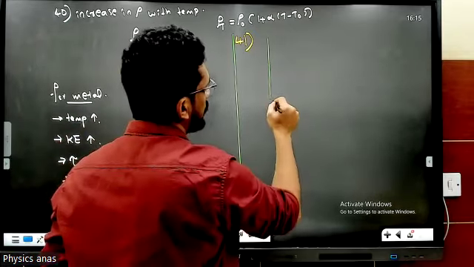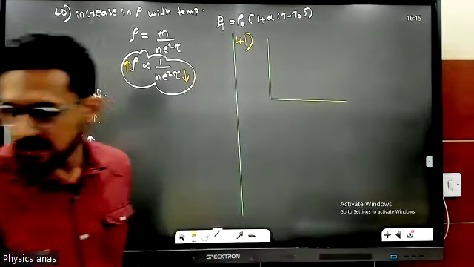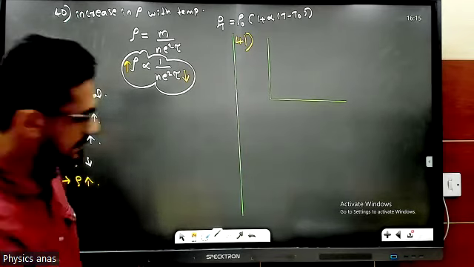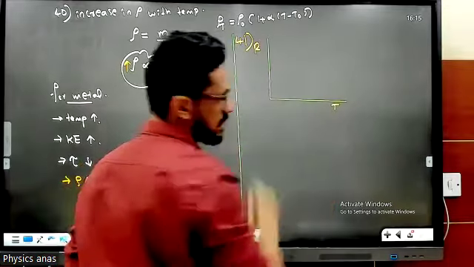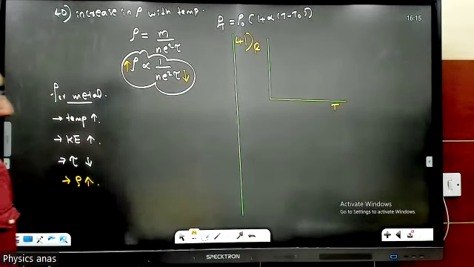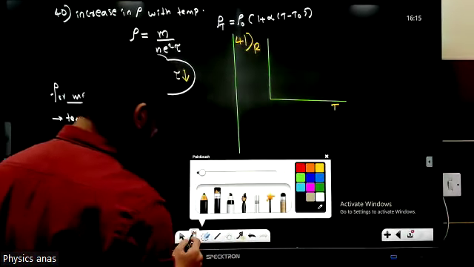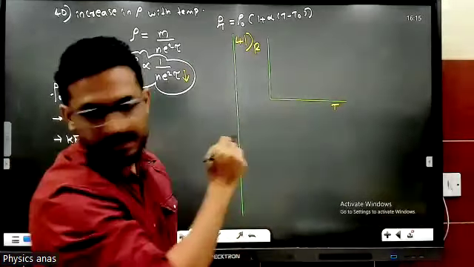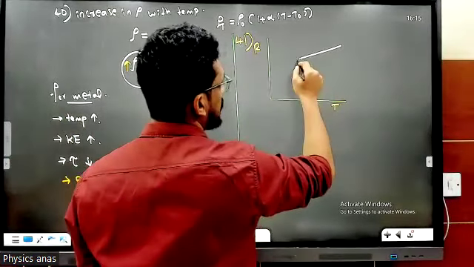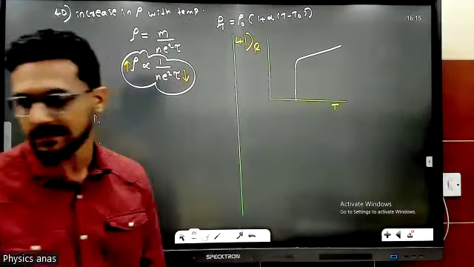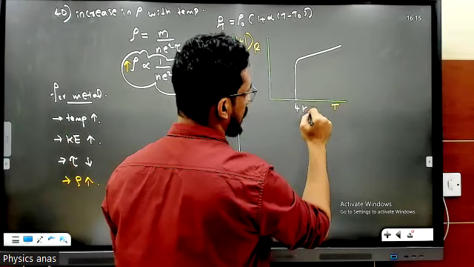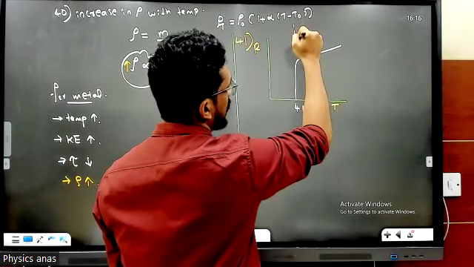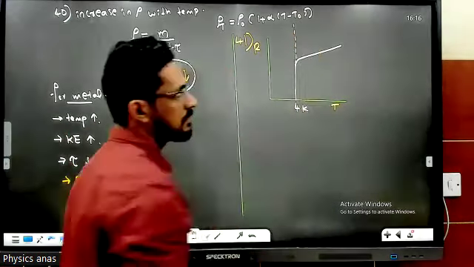This graph is with the resistance and temperature, and the graph looks like this. And this is at 4K, 4 Kelvin.